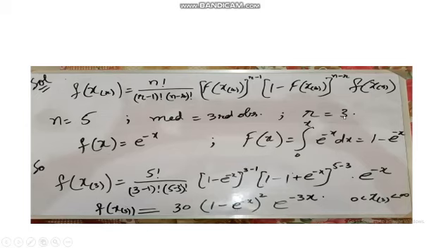Similarly, by putting r equal to 1 or n in the formula as we did earlier, taking the densities of f of x1 and f of xn, we can find the densities of the smallest and largest observations of order statistics.